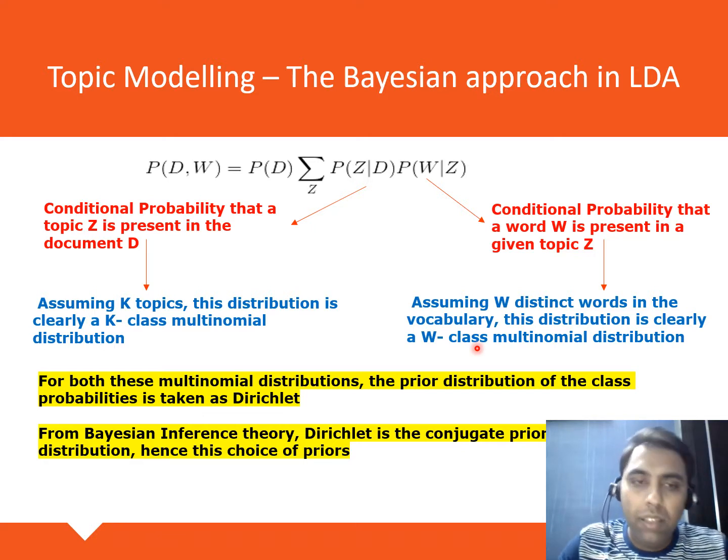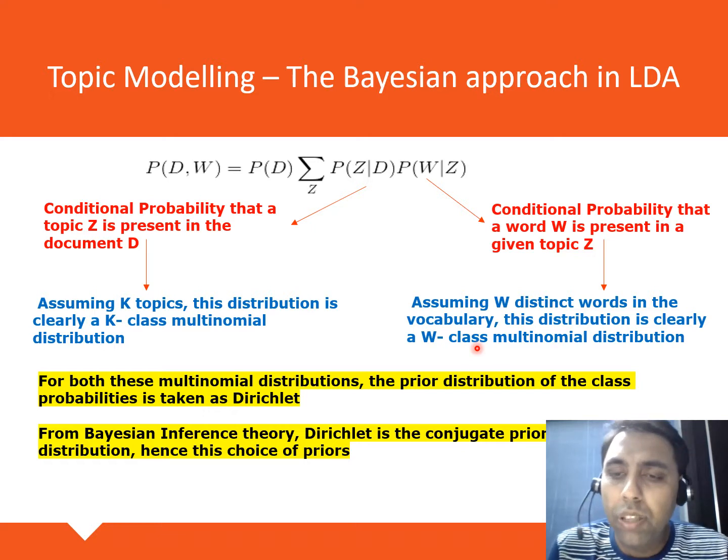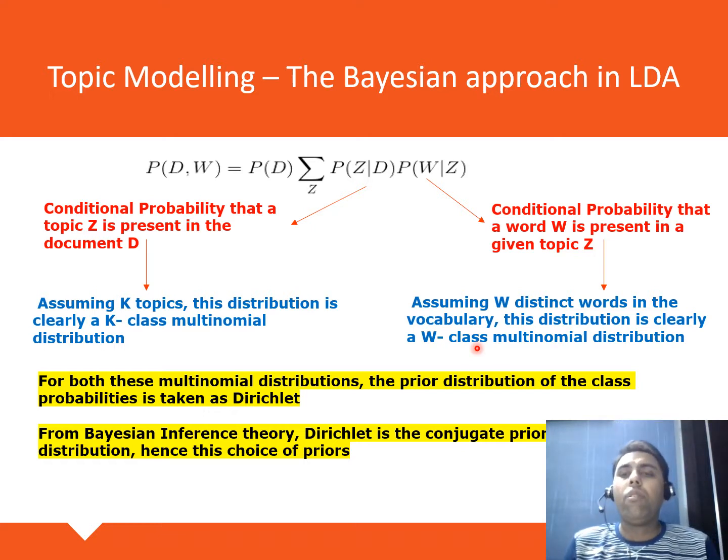And a little bit of a concept from Bayesian inference theory here: for multinomial distributions, when we assume a prior distribution for the multinomial class probabilities, the prior distribution is taken to be a Dirichlet distribution, and the reason is that the Dirichlet distribution gives a conjugate prior for the multinomial distribution.